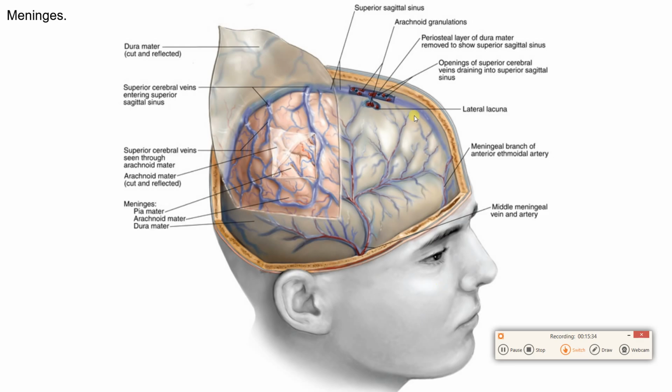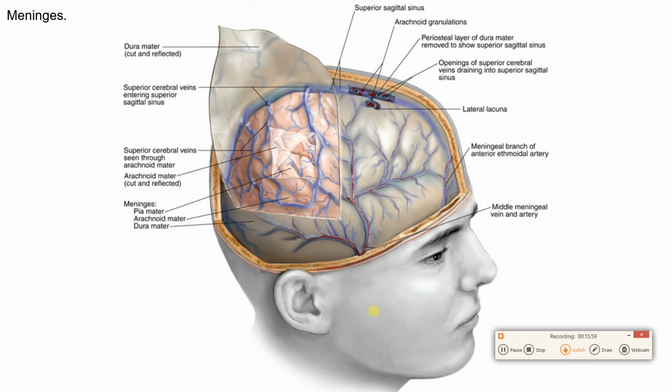What cavity have we opened here? We've cut open the skull. So did we open dorsal or ventral? Well, if you're thinking dorsal, you are correct. And in particular, what part of the dorsal body cavity have we exposed? Well, we're seeing a brain here, and so we've opened up the cranial cavity.